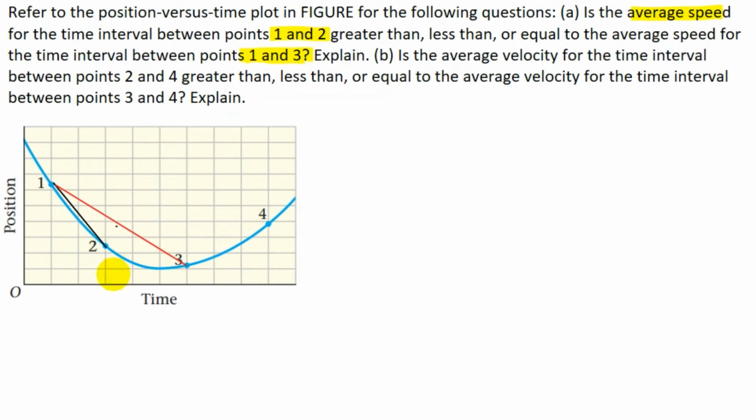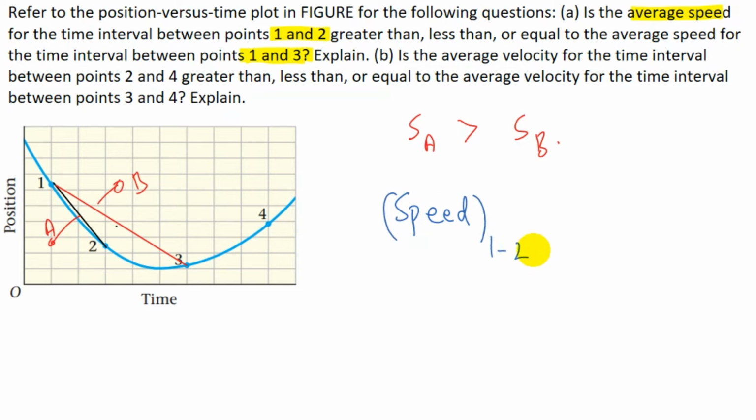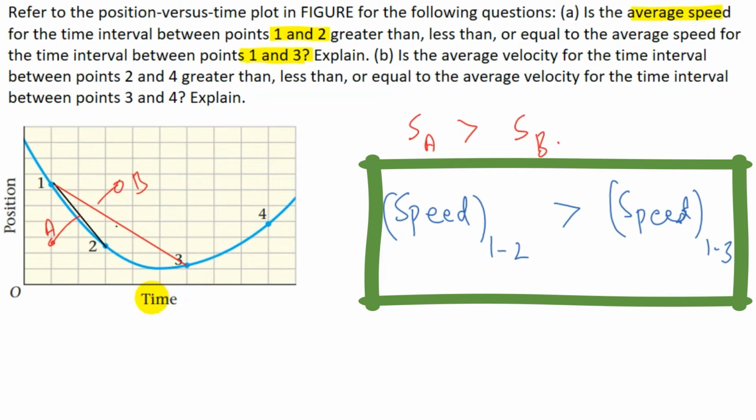Now here it is clearly visible that, let this line be A and let this line be B, the slope of line A is greater than the slope of line B. Therefore the average speed between the time interval 1 and 2 will be greater than the average speed between the time interval 1 and 3. So this would be the answer for the A part.